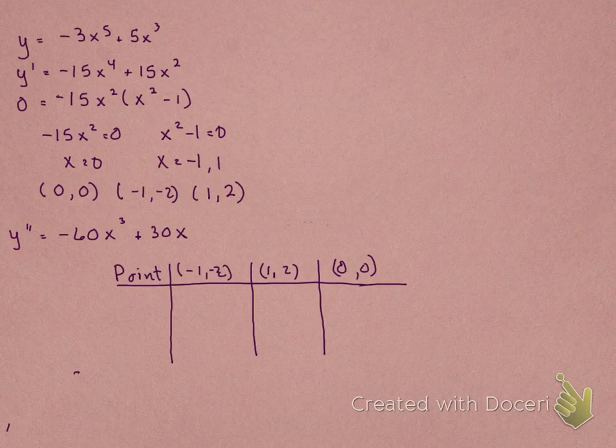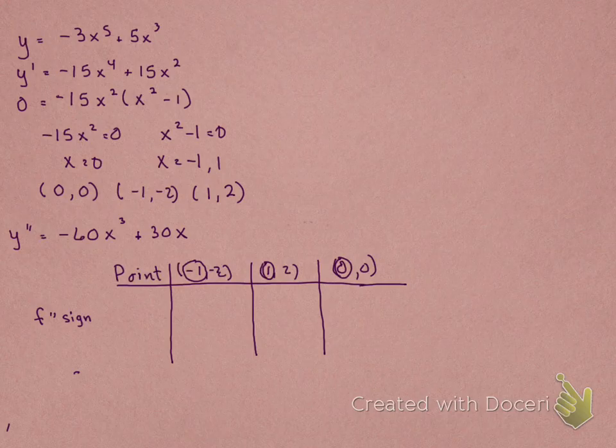Now, we do need to figure out what the sign of the second derivative would be at -1, +1, and 0. So if you notice in our table, we've got the f prime prime sign.